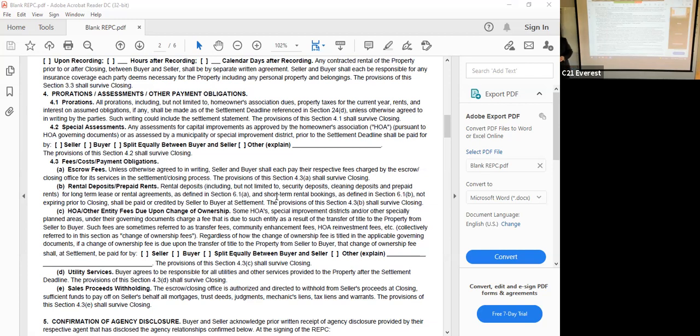And that is where an HOA gets together and for whatever reason, they're trying to make some type of improvement in their subdivision. Let's hypothetically say that it's a new subdivision, and there's 100 units within that complex. Well, brand new, all of the homes are recently purchased, and everyone's loving everything.